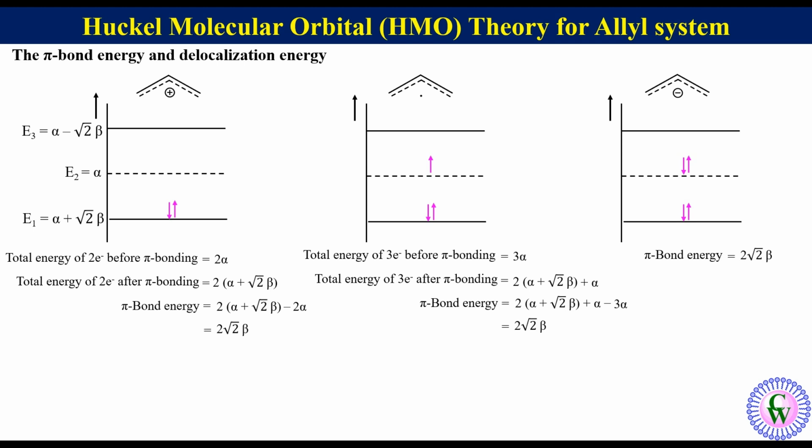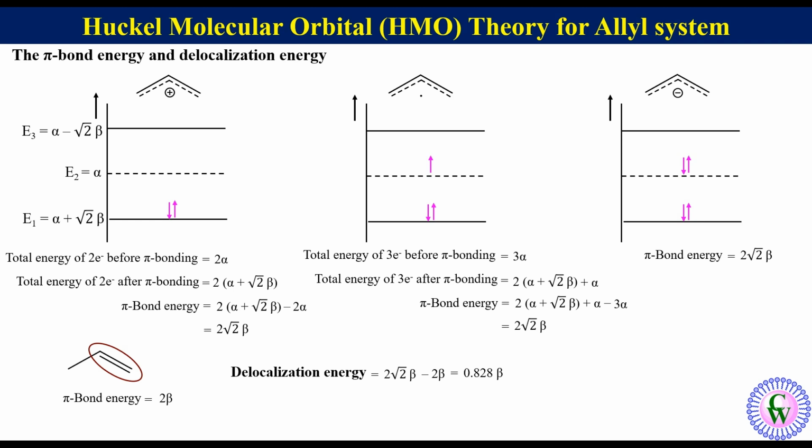If there is no delocalization, the system will be like ethylene and the pi bond energy will be equal to 2 beta. So, delocalization energy is equal to the pi bond energy when there is delocalization minus the pi bond energy when there is no delocalization, which will be equal to 2 into root 2 beta minus 2 beta, which is 0.828 beta.